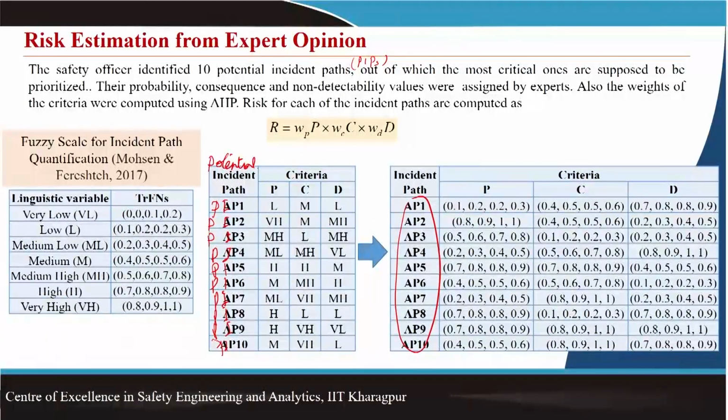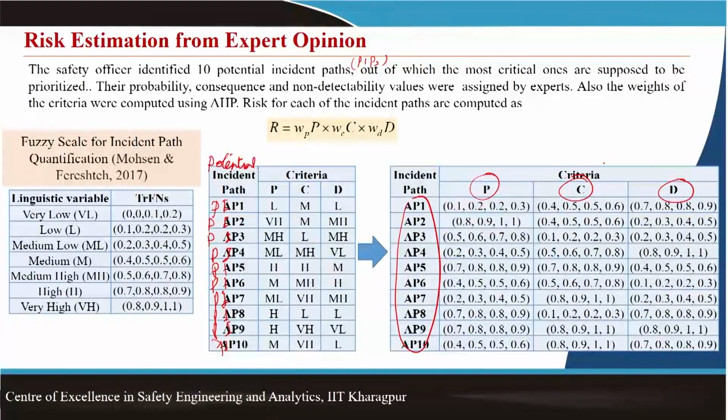Now, for the potential incident paths, suppose you have collected data in the linguistic form, then again you can convert each of the criteria into fuzzy numbers. This particular part I have shown you earlier. The weights are calculated using the pairwise comparison matrix given in the last slide.